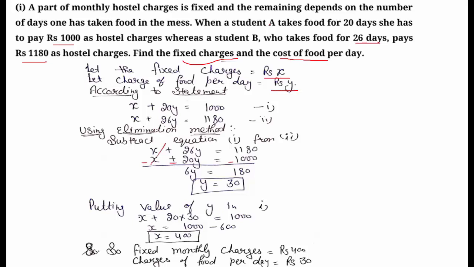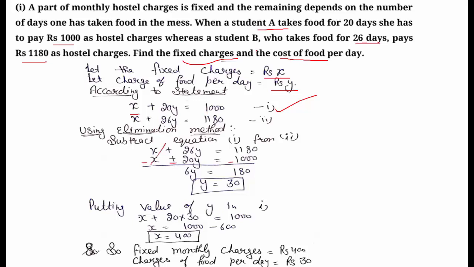Now according to the statement, for first student A, he takes food for 20 days, means there will be fixed charges that is x, and for 20 days if one day charge is y, then for 20 days this will be 20y. This will become x plus 20y, but the actual cost given is rupees 1000. So this is my first equation.